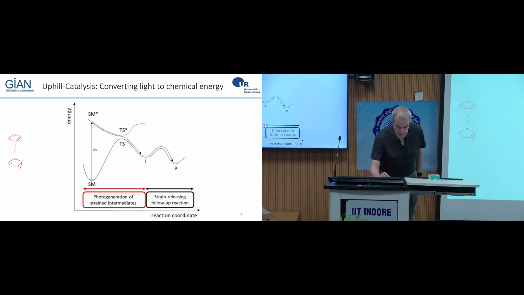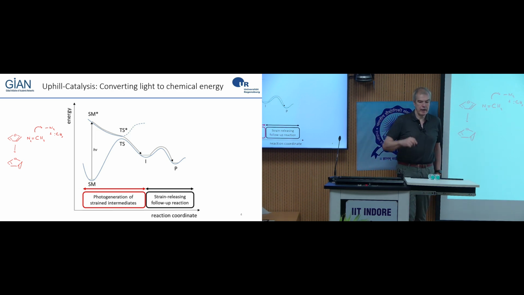But you counter this by having a high energy reagent, like a diazo compound, right? And so this way you essentially lift your starting materials because you have a high energy reagent, and if this extrudes nitrogen and makes the carbene, you have generated a highly reactive intermediate on a high energy level, right?